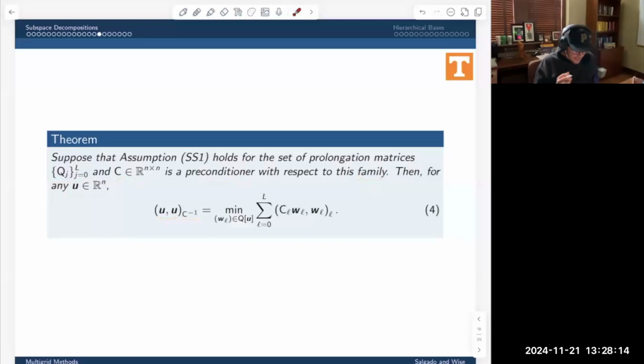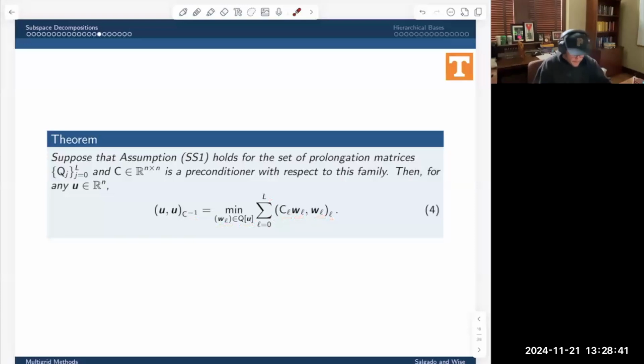Remember, C we now know is SPD, so C inverse is also going to be SPD. Then we can say that U in this inner product is equal to the minimum over all W in the Q class of U, sum l equals 0 to capital L, of W_l measured in the C_l inner product.